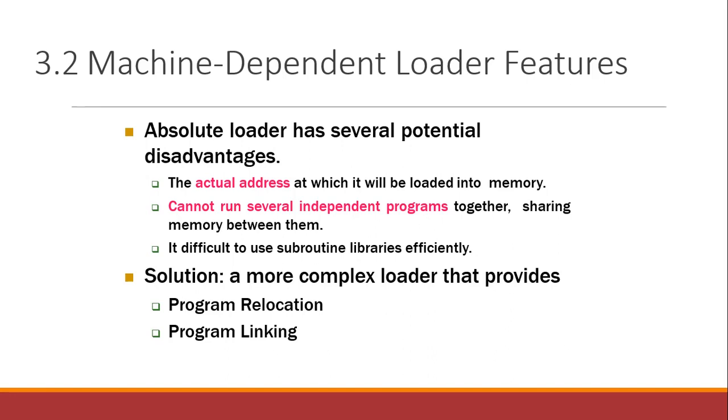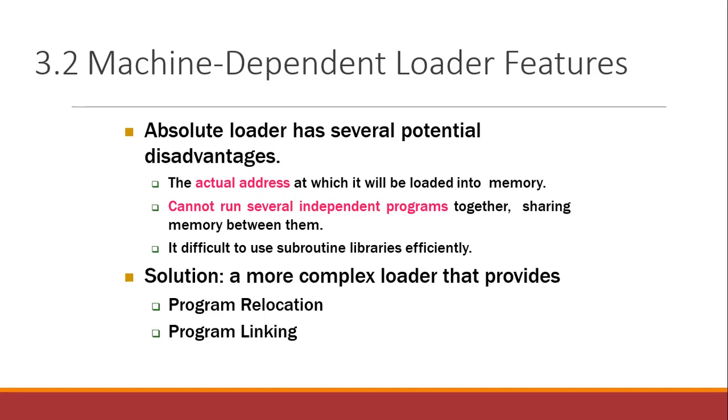In this loader, it considers the object program where the address is specified, so the program will be loaded to that specified address. A relative or relocatable loader depends on the memory available, so it will load the program to that free space.